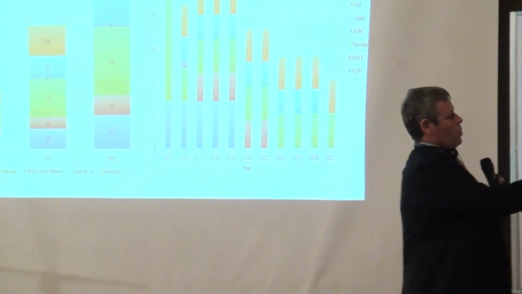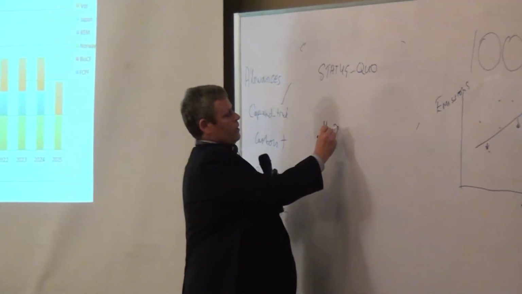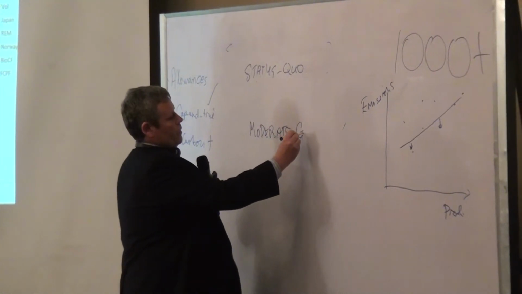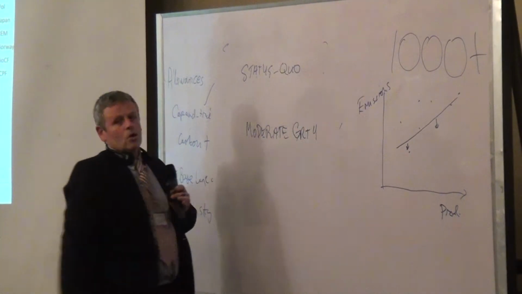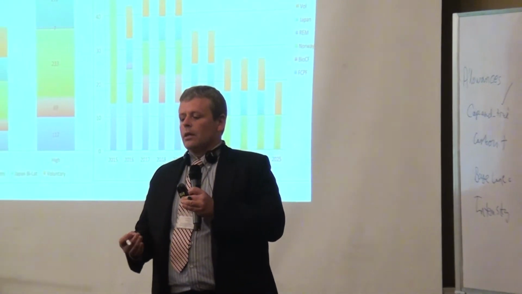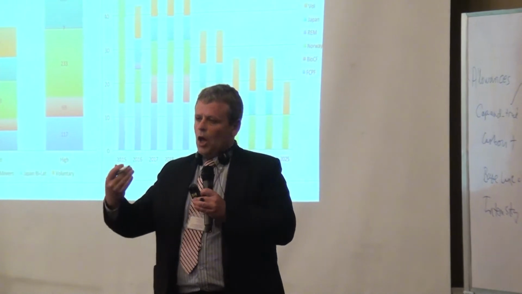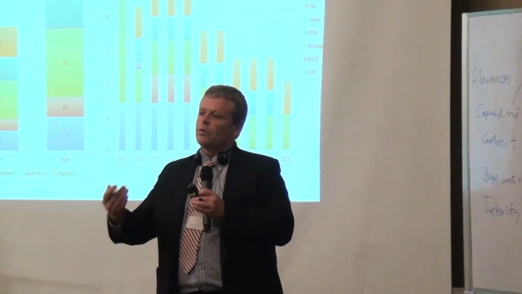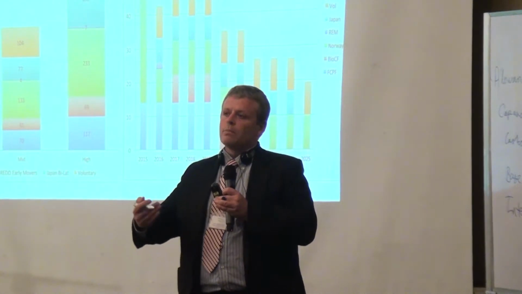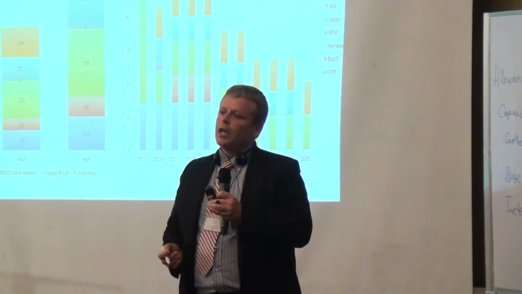Then we have what we call a moderate growth scenario. What that offers is a concept of expanded demand as a result of compliance markets, and the way in which compliance markets potentially in the near term may generate demand.